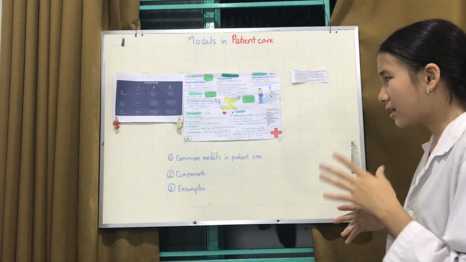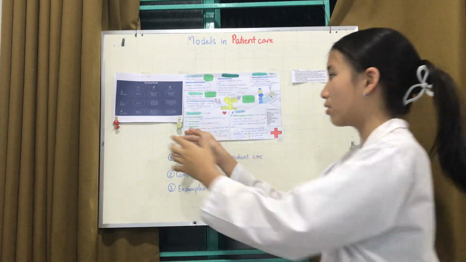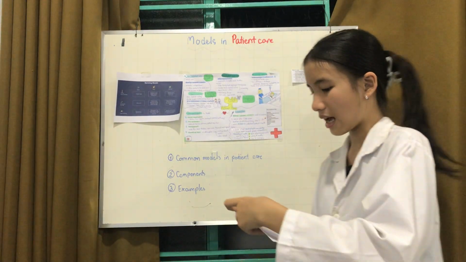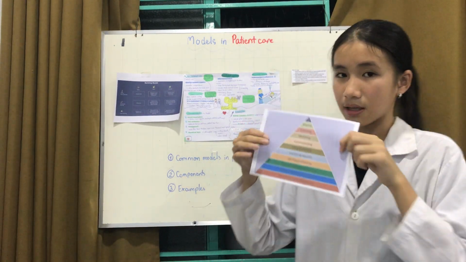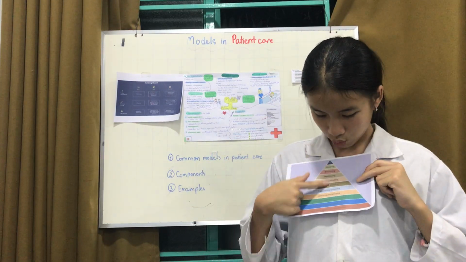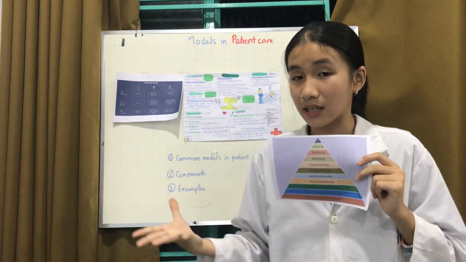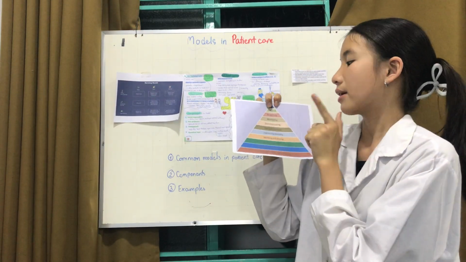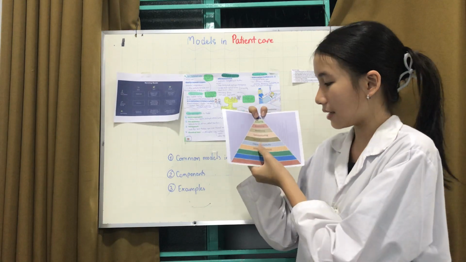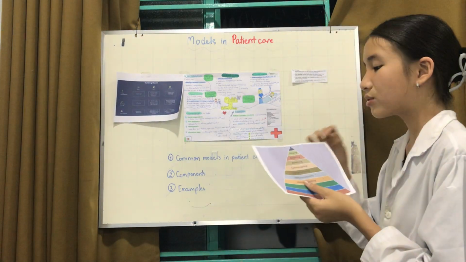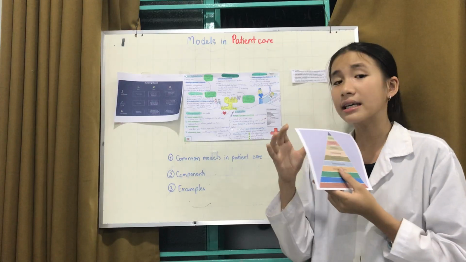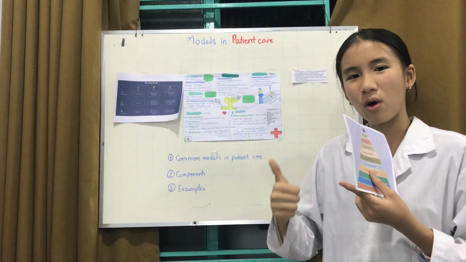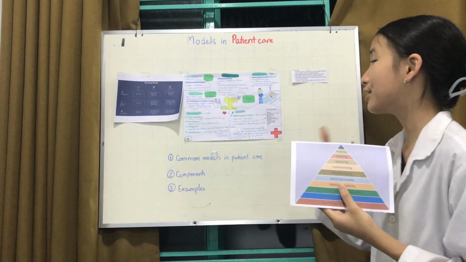Now, this model is a hierarchy of needs. As you can see on this illustration here, I have the 12 main AOLs, or activities of living. And as you can see, dying is at the top, then breathing, sleeping, mobilizing, communicating, eating and drinking, etc. Now, what do I mean by hierarchy? Well, the hierarchy of needs means that the first one, the most basic, most important and crucial one, is basic physiological needs.